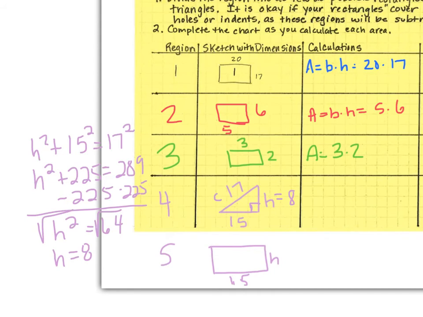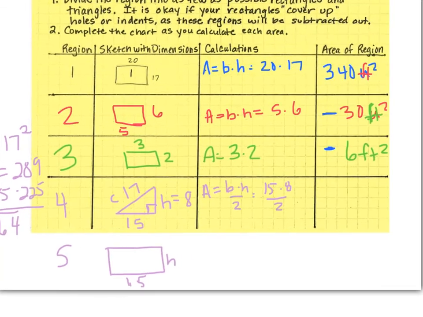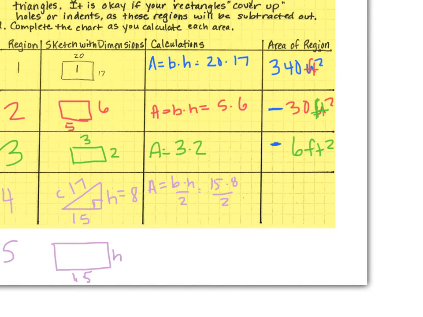So now my triangle is just base times height divided by 2. So 15 times 8 divided by 2 should give us an area of 60 units squared. And again, that's not getting subtracted because we didn't cover up any holes. So 60 feet squared, excuse me.